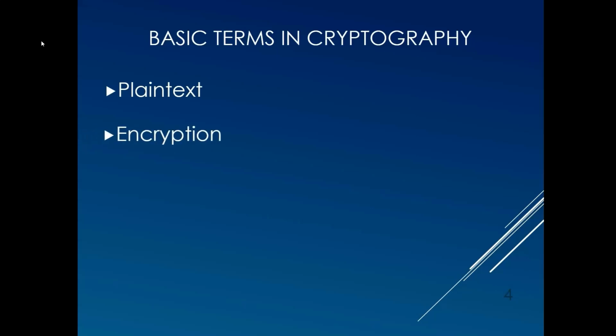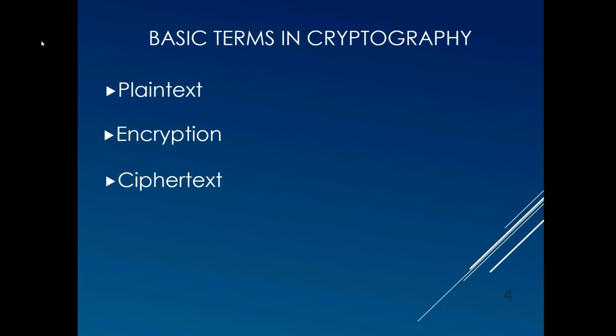Encryption is the process of applying a mathematical function to the plaintext and converting it into an unreadable, meaningless message known as ciphertext. So the ciphertext is the output of the encryption algorithm, a meaningless message such that an attacker does not understand, or cannot decode, what the message is.